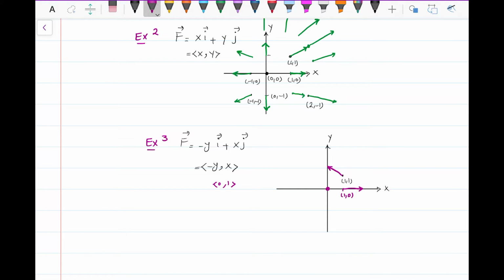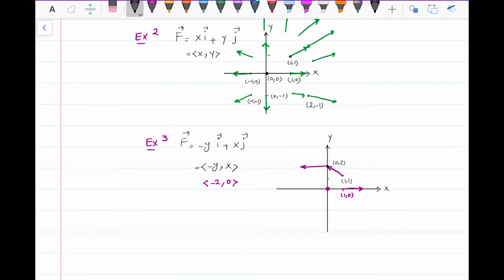As you see, the vector field here moves. For example, at the point 0 and 2, when I plug it into here, I get 0 and -2. So it moves 2 units toward the left. Something like this.